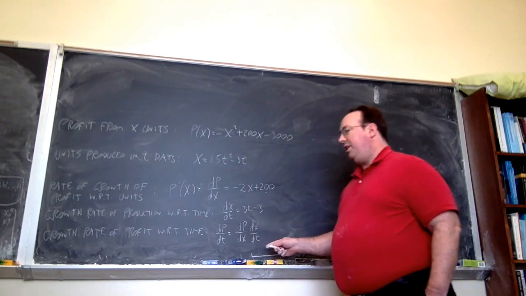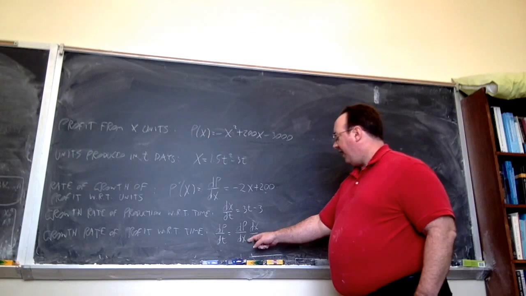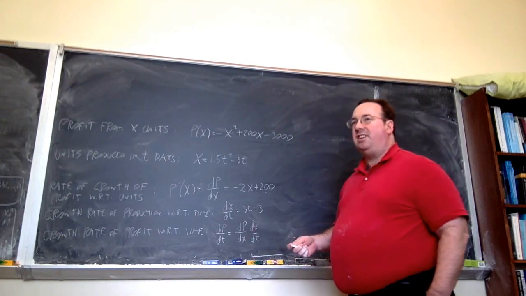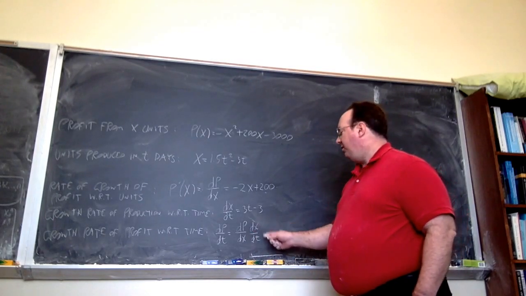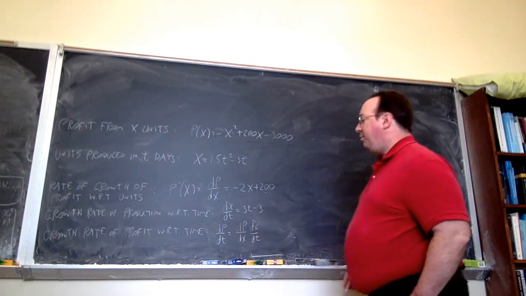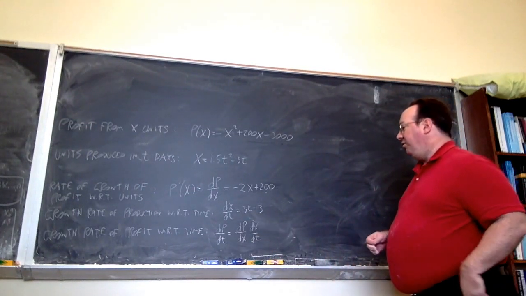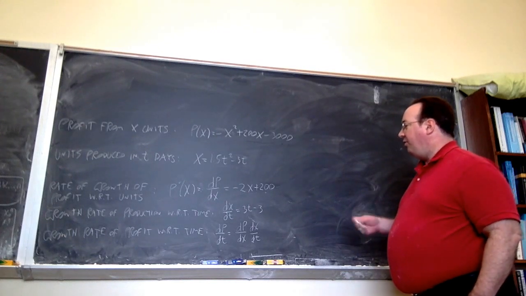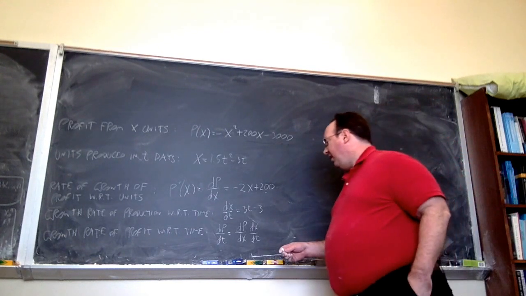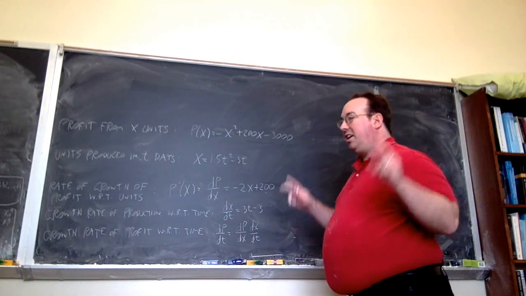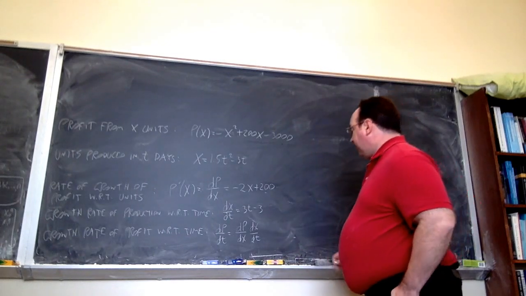And informally, you could think of this as the dx canceling, and that's why the product of these two derivatives gives us dp dt. Again, these are not literally fractions, but it's helpful to think of it that way to remember how to use the chain rule. That in a sense, you are canceling the dx's.